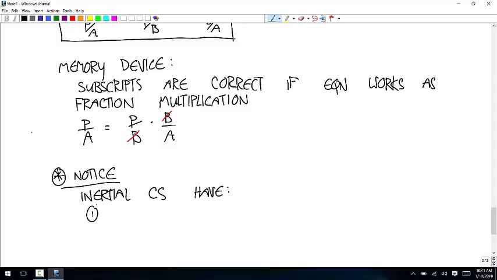That's because you have a rotating coordinate system, and that's not allowed. You have a non-inertial coordinate system in that case. So an inertial coordinate system has non-rotating axes. The orientation is fixed. It can be moving, but it can't be rotating.